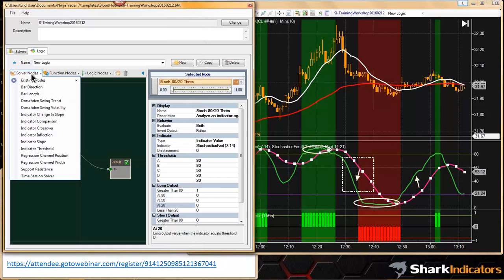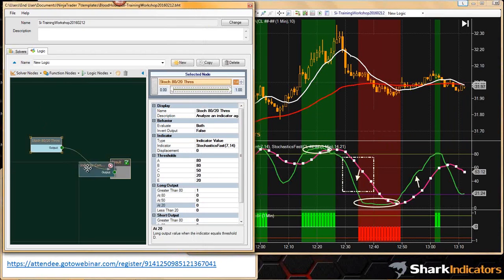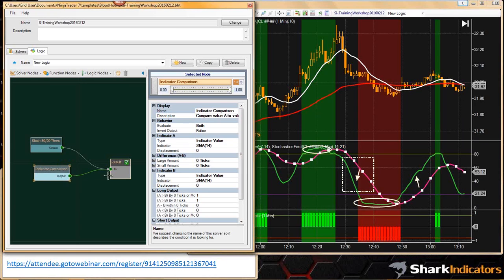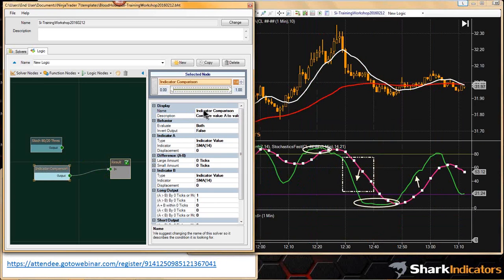So we're going to use the comparison solver for that. All right, so let me name this solver first. We're looking to see if the stochastic's fast, the faster one, is above or below the slower stochastics.